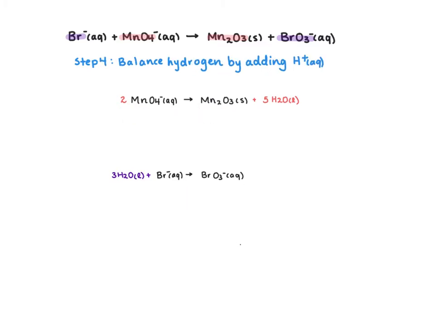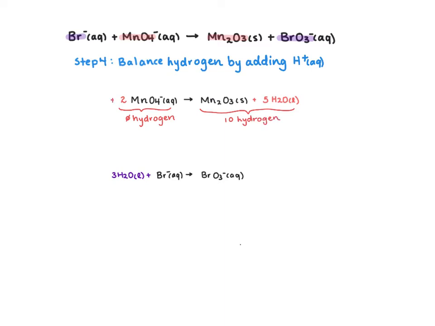Step 4, we're going to balance hydrogens. Now, although this isn't an acidic environment, we're still going to add hydrogen ions, and then we'll take care of that part of the reaction at the end. So we are going to first start with our manganese half reaction. We have 0 hydrogen on our reactant side, and we have 10 hydrogen in the product from the water that we added in the last step.